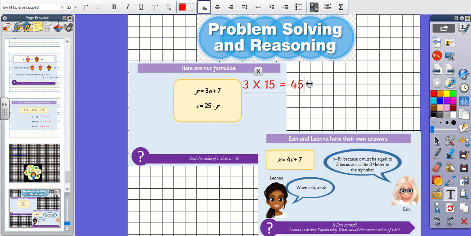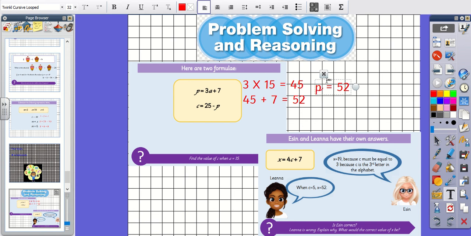Okay, then we've got to do 45 add 7, which would give us 52. So P equals 52 because it says P equals, so the answer to 3A add 7 is 52 and that is what P is.